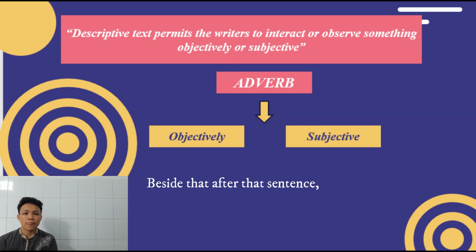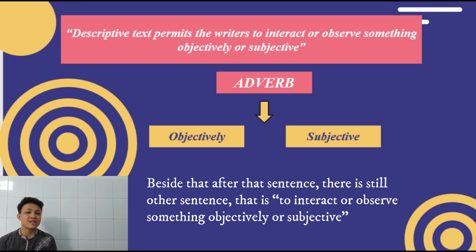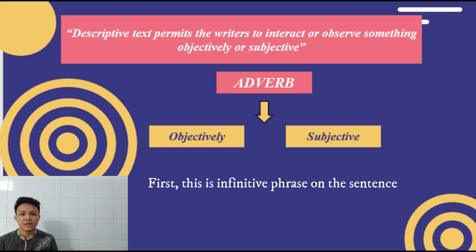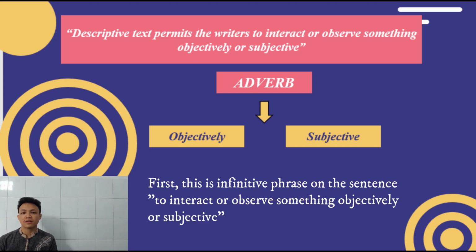Besides that, after that sentence, there is still another part, that is, to interact or observe something objectively or subjectively. So, where is the adverb here? Let's check that. First, this is an infinitive phrase in the sentence: to interact or observe something objectively or subjectively.